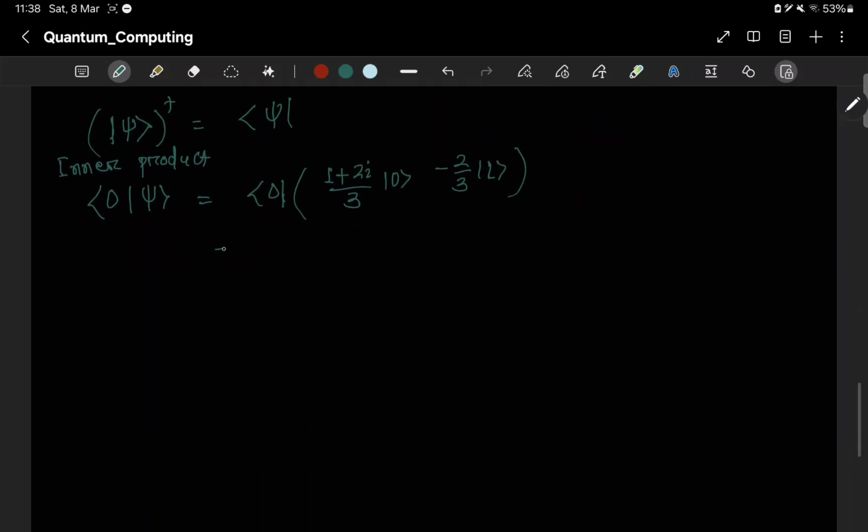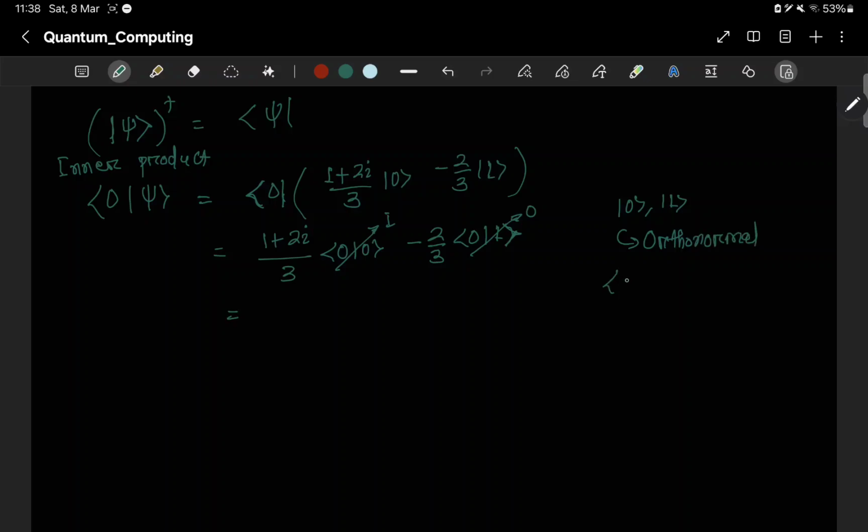So now as matrix multiplication is associative, we'll just apply the zero bra to both of the components. It will become <0|0> minus 2/3 <0|1>. So here <0|0> will give us 1, and <0|1> will give us 0 because 0 and 1 are orthonormal.